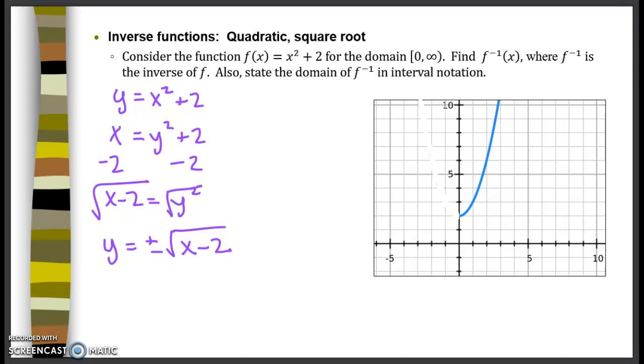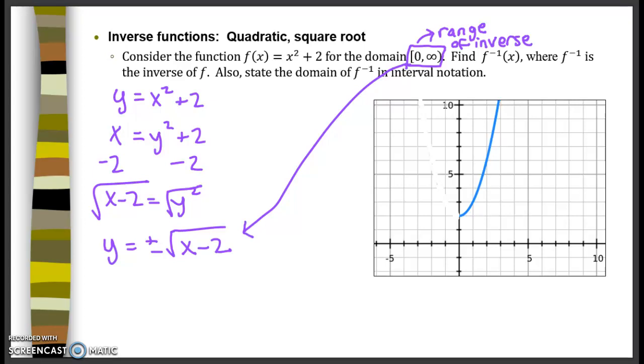Now, because we have a domain of 0 to infinity, this is going to be the range of the inverse. Remember, the domain of my function is the range of my inverse. So, how do I apply it to this?